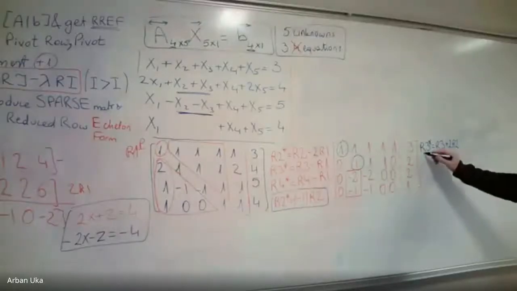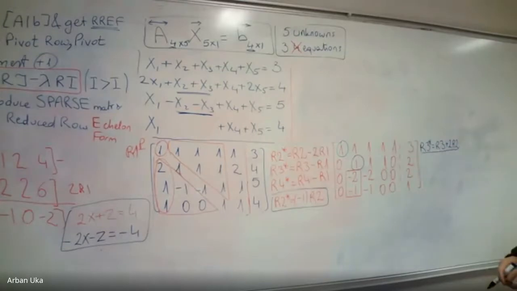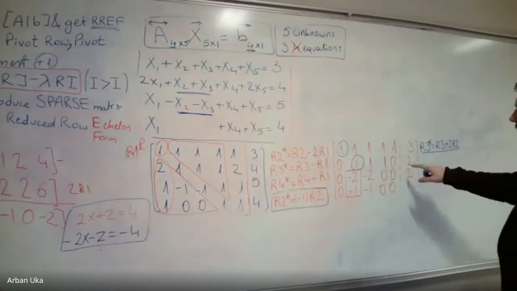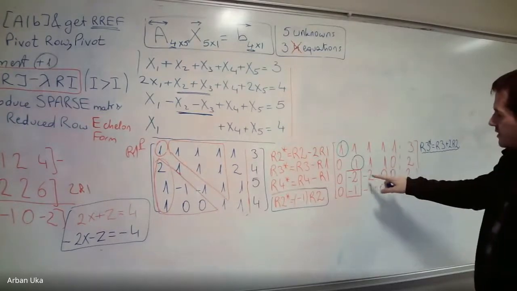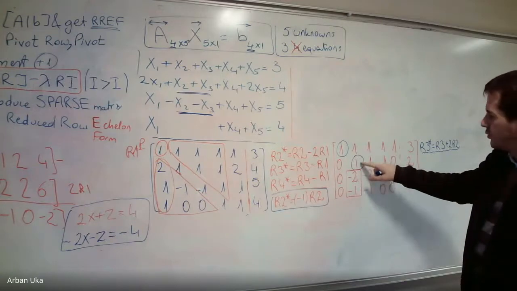Can you read this on the board? So row 3 star is row 3 plus 2 times row 2, because we have to modify the third row using the second. How can we make minus 2 into 0? You add 2, right?